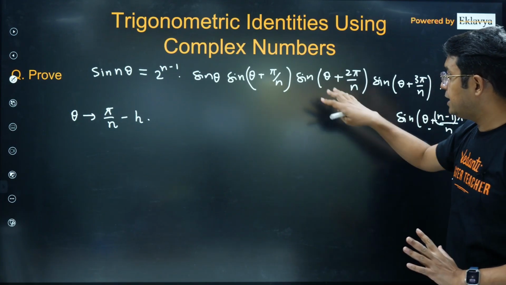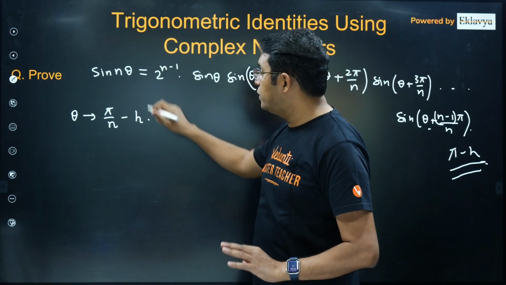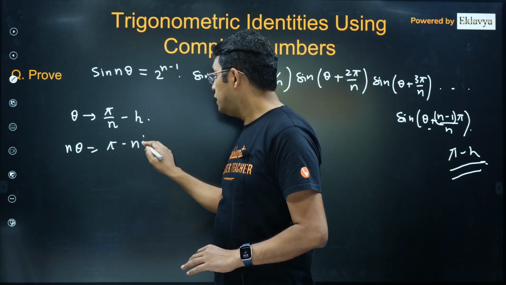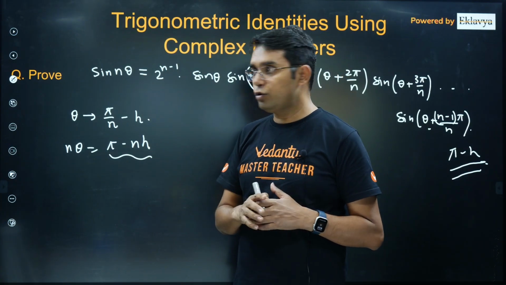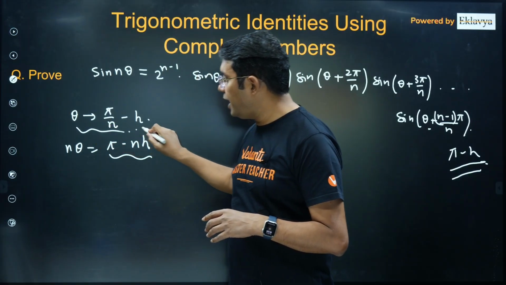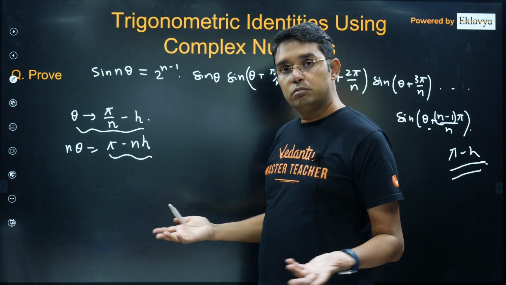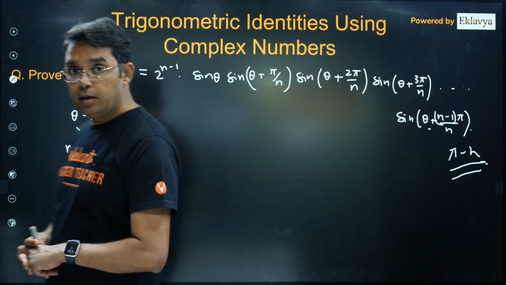So all these signs are positive, and n theta will be pi minus nh, which is also in the second quadrant, so this will also be positive. For this particular angle theta, both sides are positive, so it has to be a plus sign only. I hope that is clear.